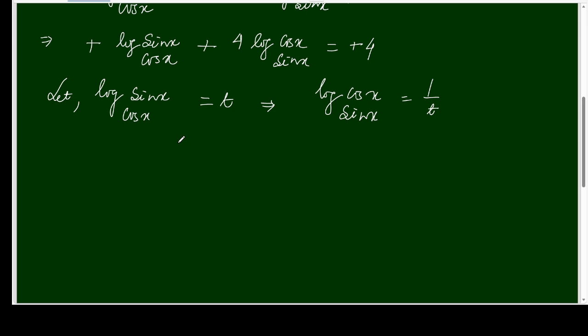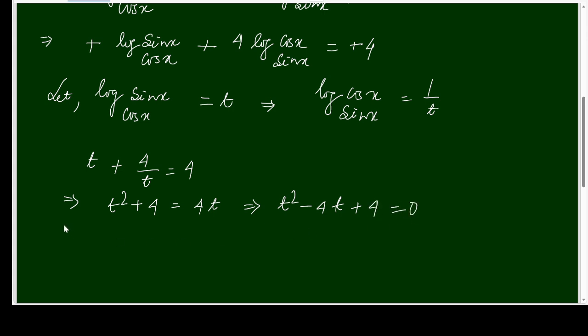Now this equation reduces to t plus 4 over t equals to 4, or t square plus 4 equals to 4 times t, or t square minus 4t plus 4 equals to 0. This is a complete square, so t minus 2 whole square equals to 0. This gives us t equals to 2.